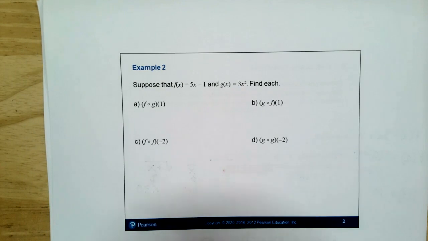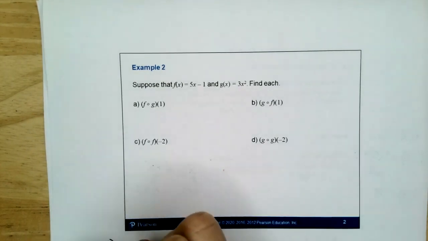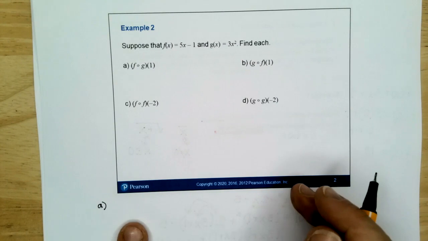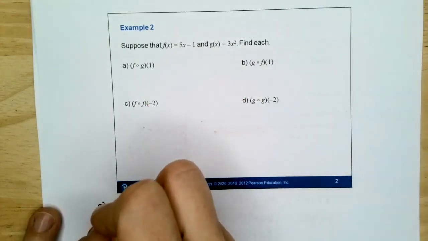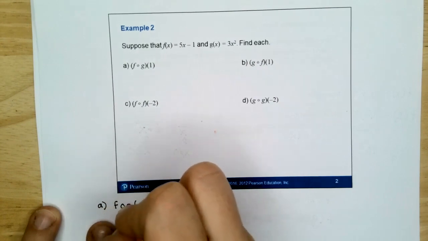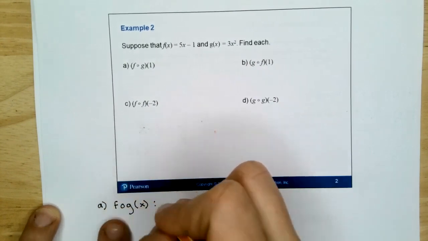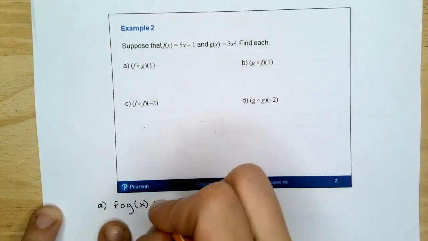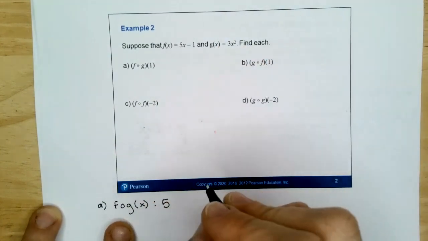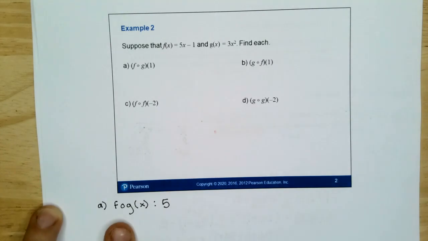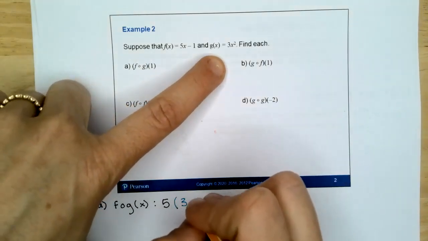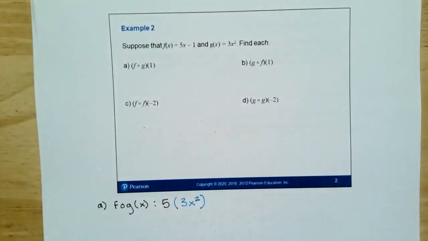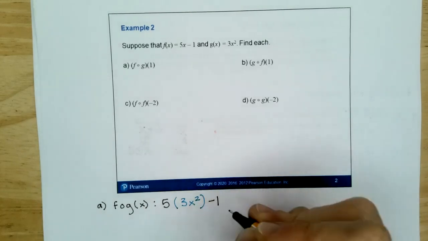So if I was to do f of g of 1, f of g of x is going to be that f of x, 5x minus 1, but instead of x, I'm substituting in g of x. 3x squared minus 1.